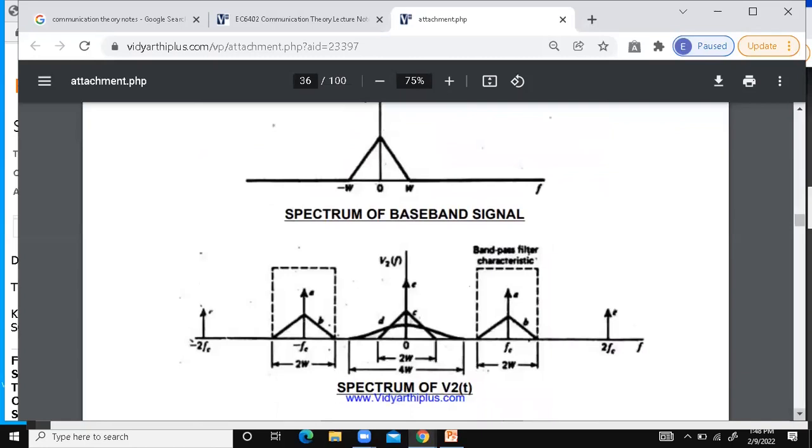And then you're going to put it on your carrier frequency. So this is it now.